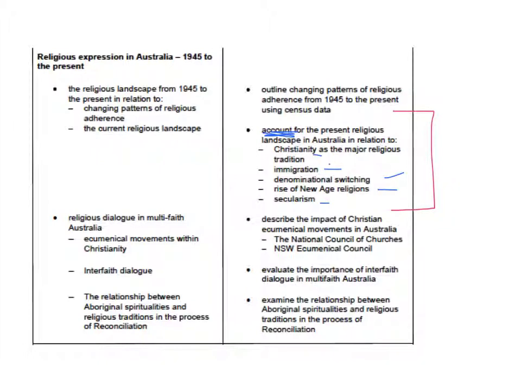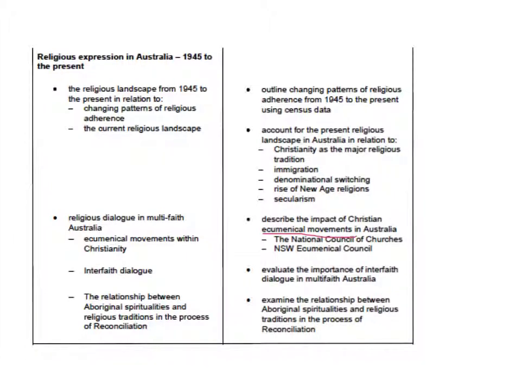The second part of this is looking at the idea of interfaith and interdenominational cooperation. So you look, okay, this is Australia, these are the religions, now we need to have a look at how they get on. Okay, so in this second part, you have a look at, what is interfaith dialogue? What does ecumenism mean? What do ecumenical movements mean?